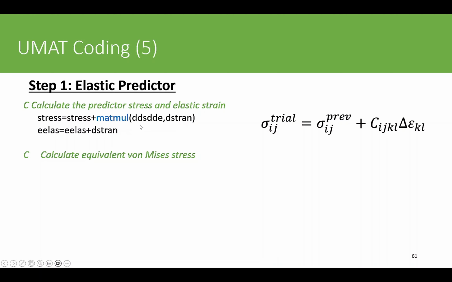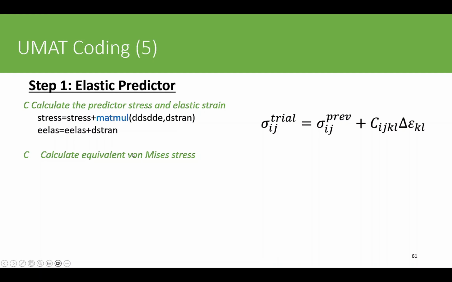This is a multiplication function, which you can use as a library function, which is this DSDDE, which is the stiffness tensor or Jacobian, times the strain increment, and then you add this increment of stresses into this, and that becomes your trial value. Similarly, elastic strain is basically E elastic from the previous step plus the current increment of strain. So that's the total elastic strain.